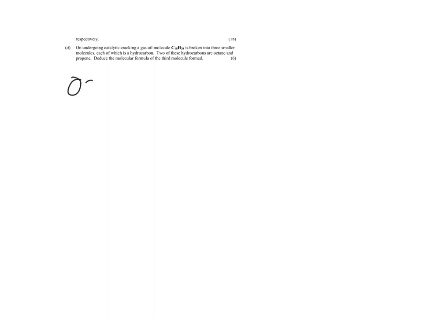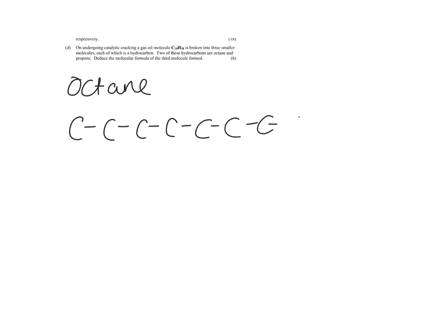So the first one is octane, and I can see there that I have oct: 1, 2, 3, 4, 5, 6, 7, 8, and then I need to include my hydrogens.